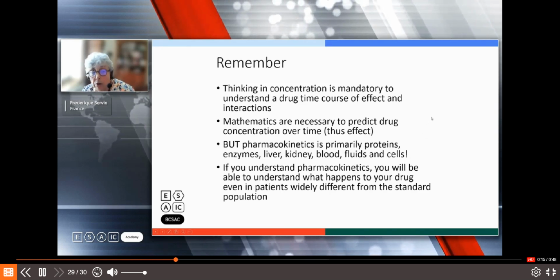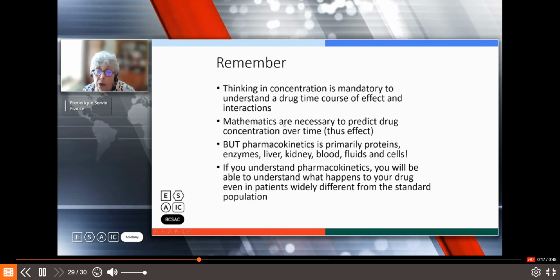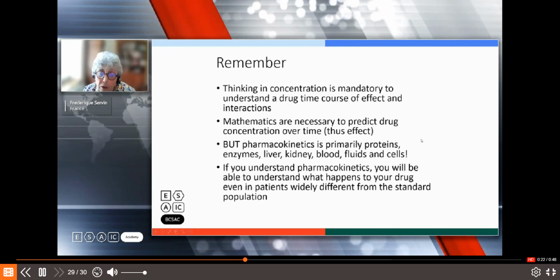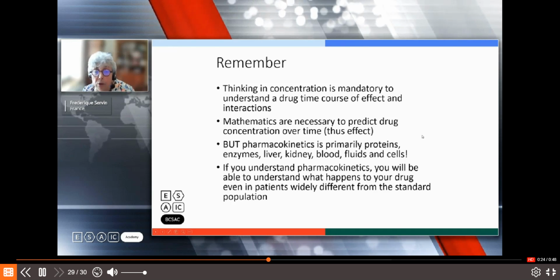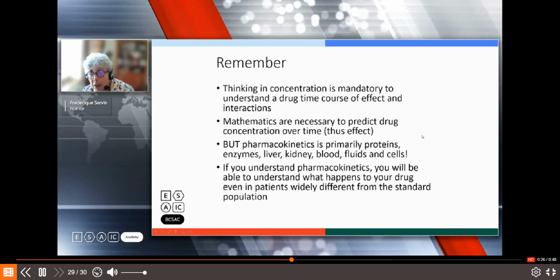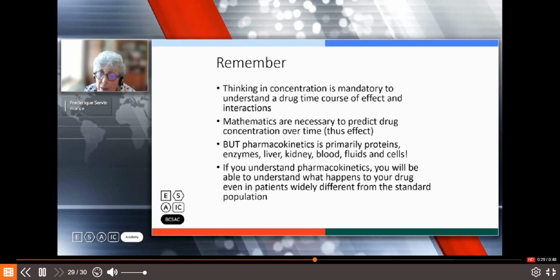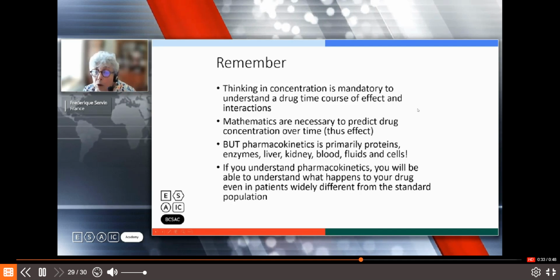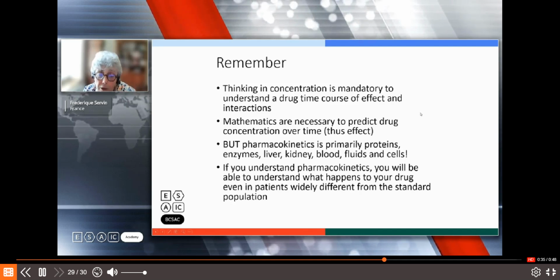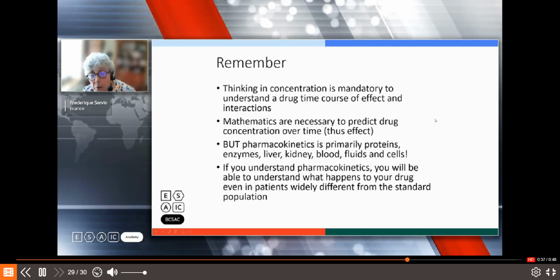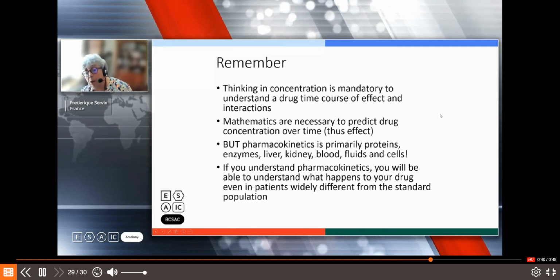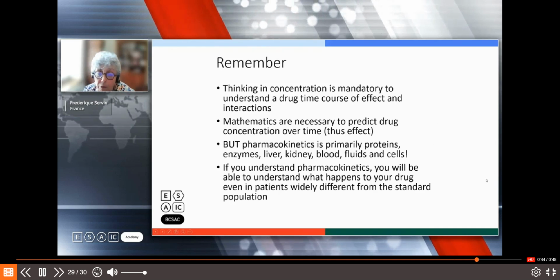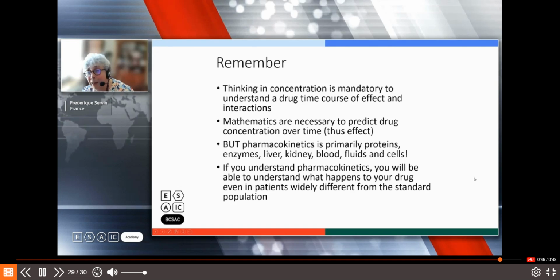To predict drug concentration over time, you need mathematics, but never forget that pharmacokinetics is primarily proteins, enzymes, liver, kidney, blood, fluids, and cells. And this will help you to analyze your individual patient. If you understand pharmacokinetics, you will be able to understand what happens to your drug, even in patients widely different from the standard population. Well, I thank you very much.